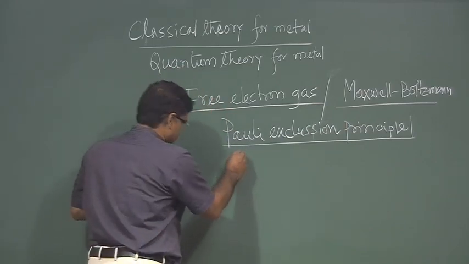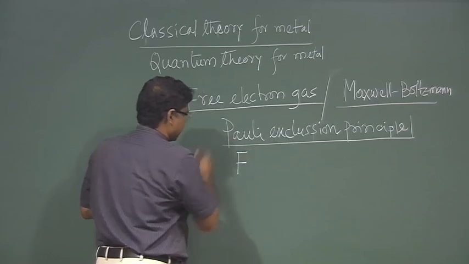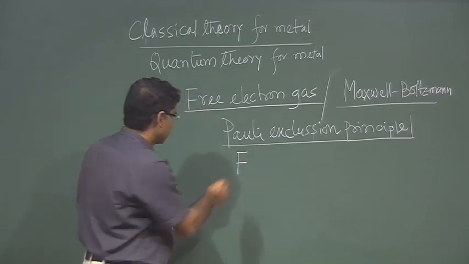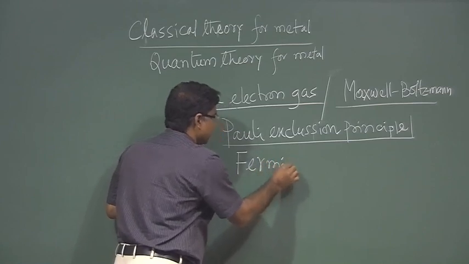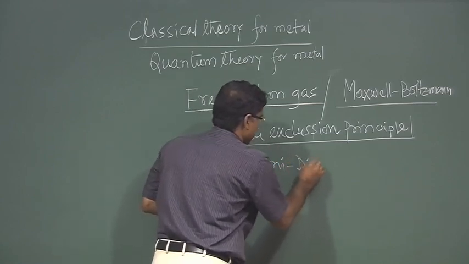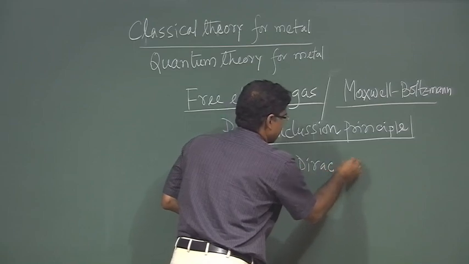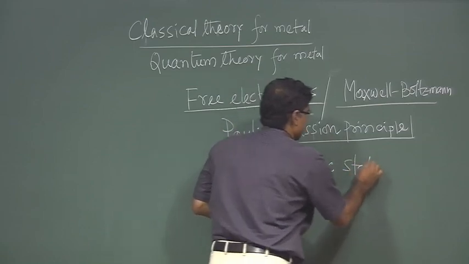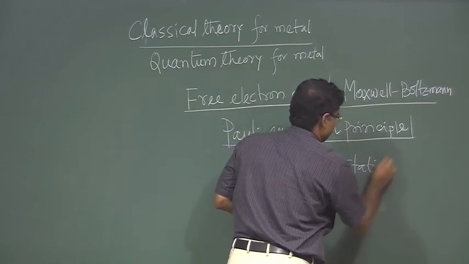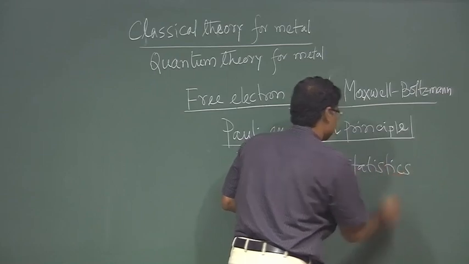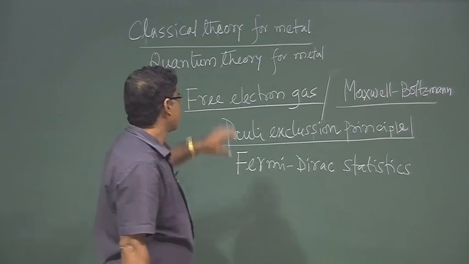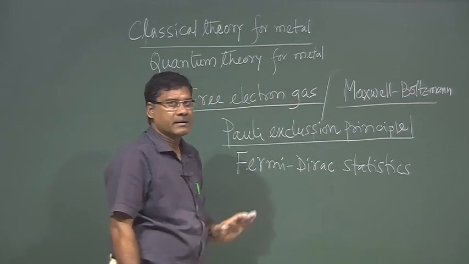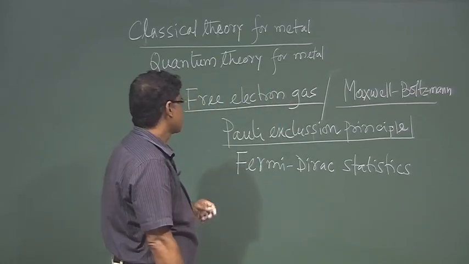So, mainly that was the problem with this model. Fermi-Dirac statistics is the right choice for this electron gas.